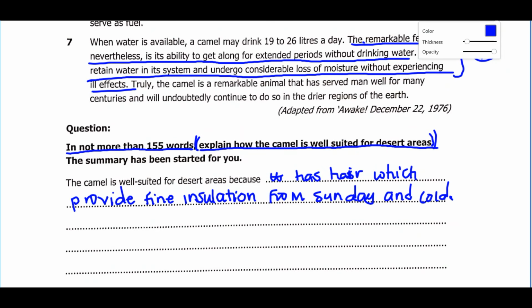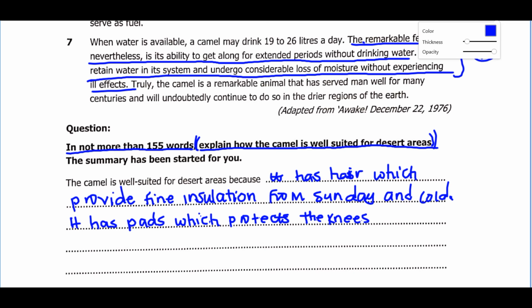Remember to use your own words. So say, I'm not going to say the camel, we know what we're talking about. So we say it has the pads which protects the knees.